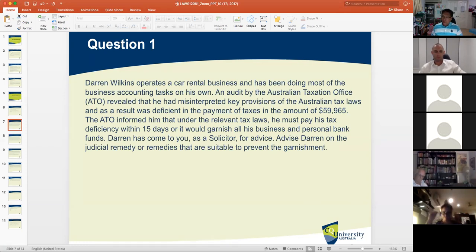The court will have to be convinced that there is a ground for judicial review, and that will probably require a hearing. So while ultimately the actions of the ATO can be prohibited on the basis of a court order, that can take a while, couldn't it? So in that case, the funds of Darren Wilkins will still be garnished. Can you see the problem there?